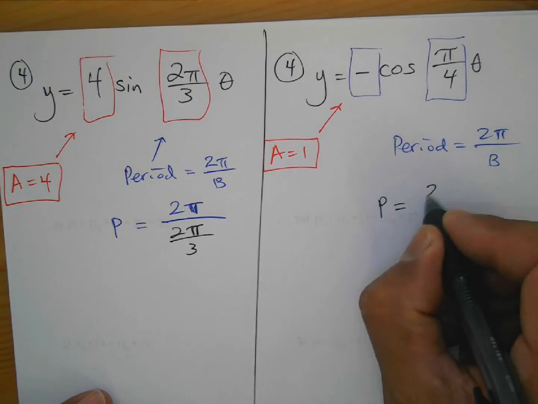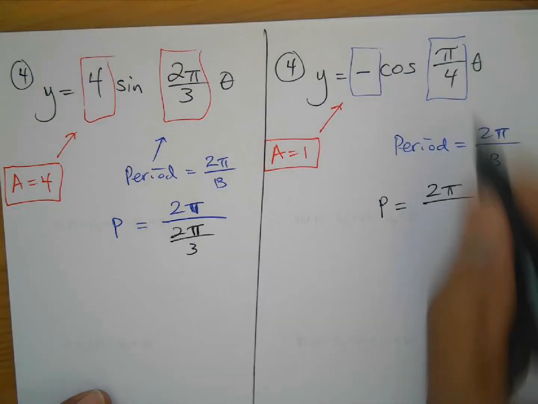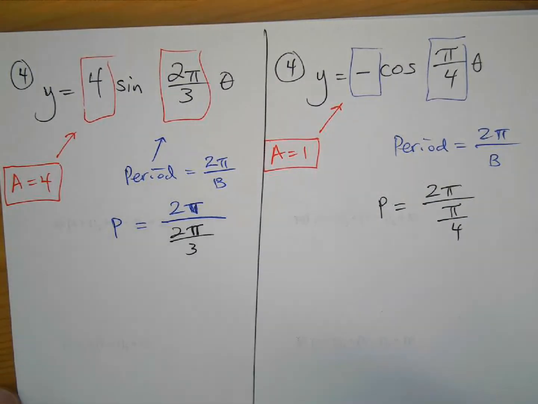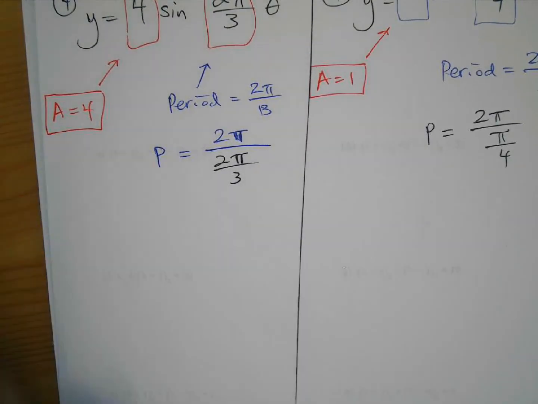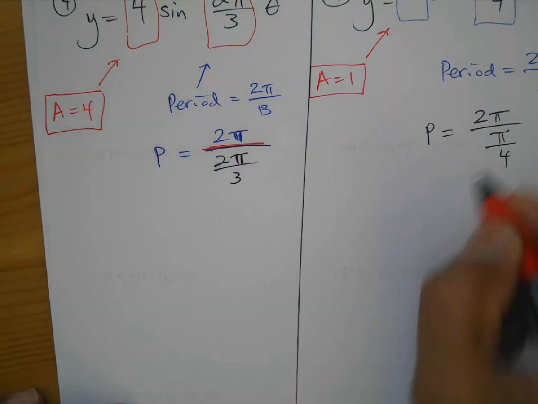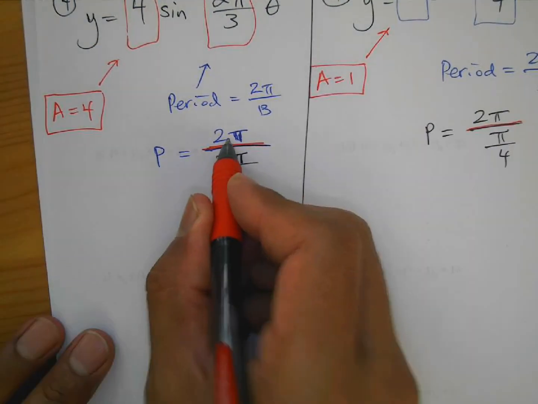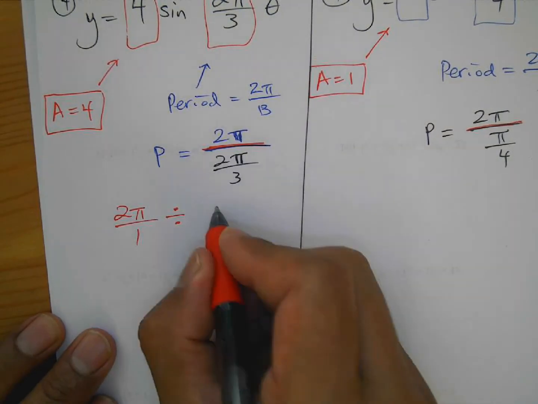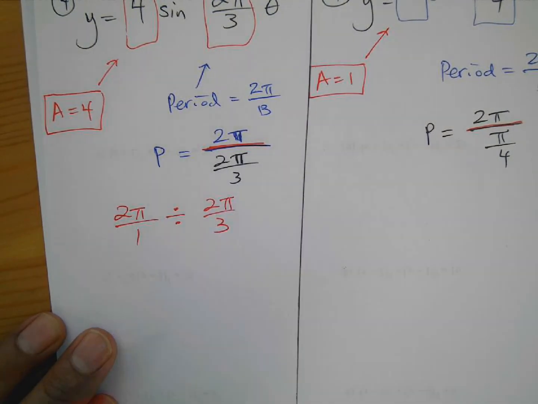Here, the period is going to be what? 2 pi divided by what? Pi over 4. Well, let me do this one first. Remember, here's your division. So this is the top. 2 pi is 2 pi over 1 divided by what? 2 pi over 3.